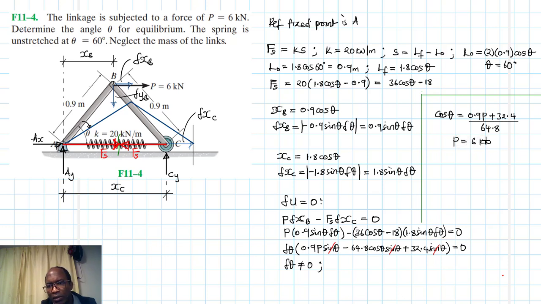Therefore, plugging in P there, theta is equal to cos inverse of (0.9 times 6 plus 32.4) divided by 64.8, which gives us 54.31 degrees.